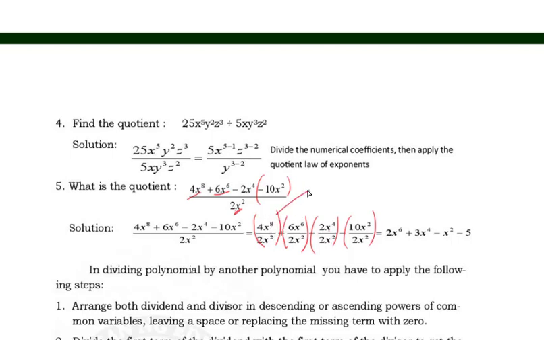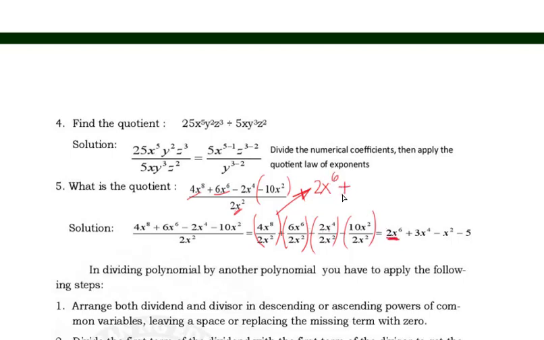So, sa una, ang sagot po dyan ay 4 divided by 2 is 2. And then, x raised to 8 divided by x raised to 2. So, since mas malaki yung nasa numerator, kaya minus natin. 8 minus 2 is 6. Kaya magiging 6.